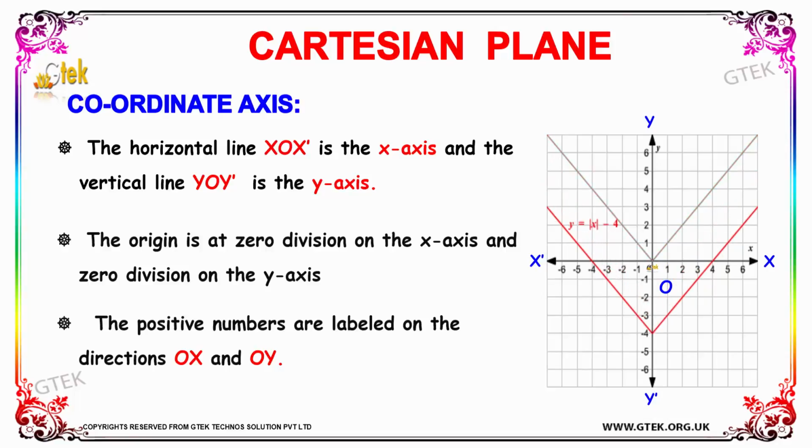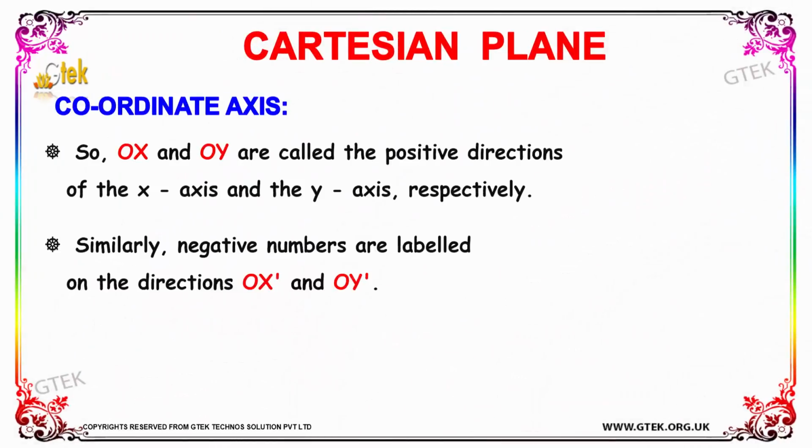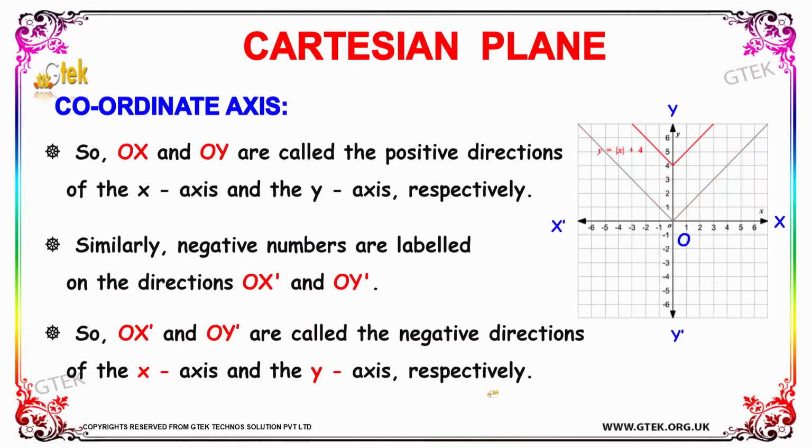The positive numbers are labeled on the OX direction and OY direction, whereas in terms of OX' and OY', these are negative numbers. Apart from this, OX and OY are called the positive directions of the x-axis and y-axis respectively.